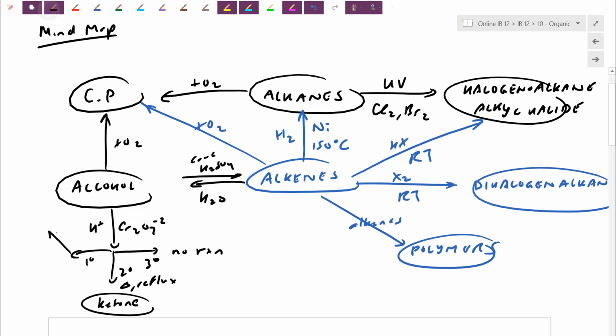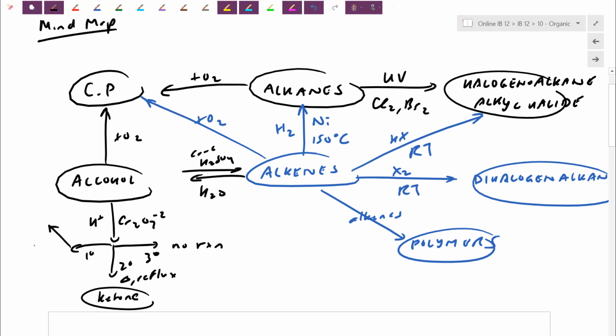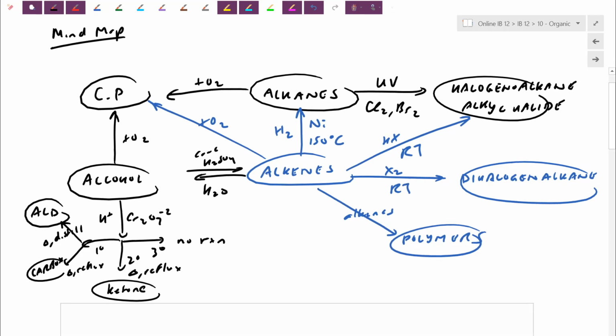For primary, if I do heat and distillation, if I pull off the temporary product, distillation ends up forming an aldehyde, whereas if I just heat it and completely reflux it, I completely finish the reaction, full extent of equation, this will end up forming a carboxylic acid.